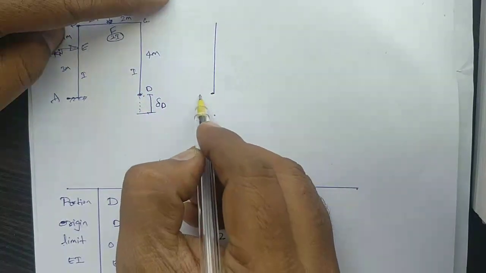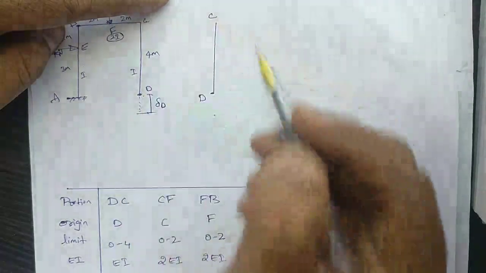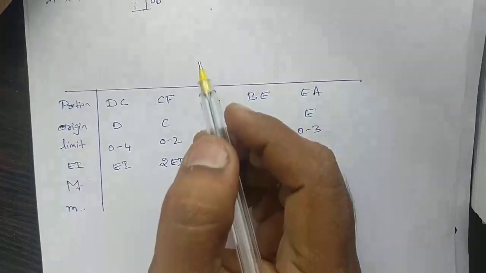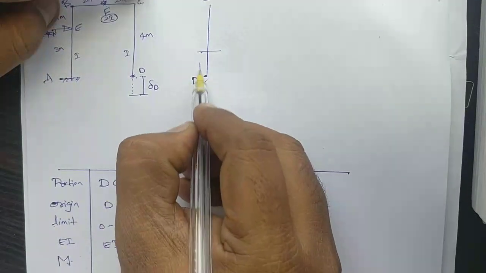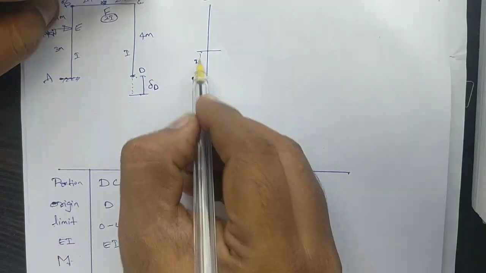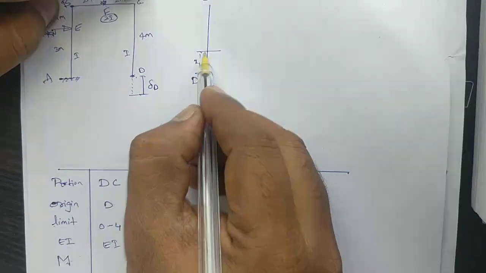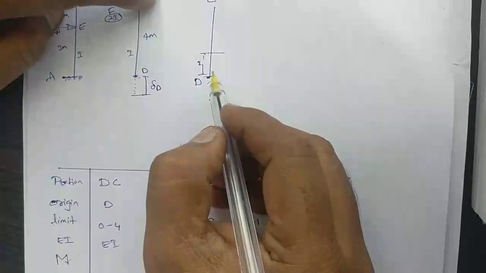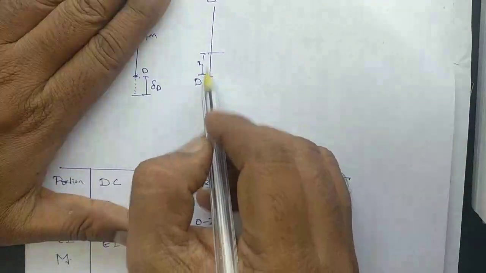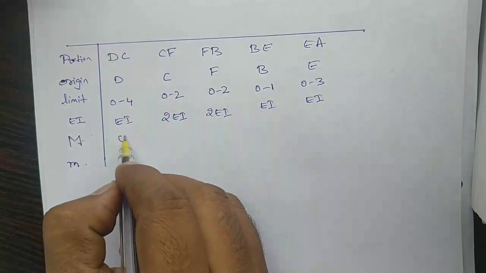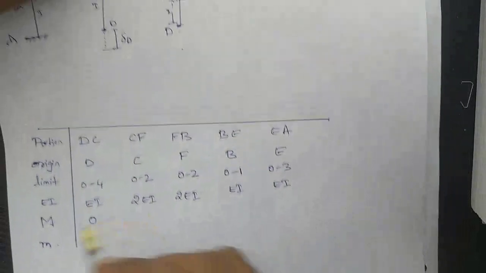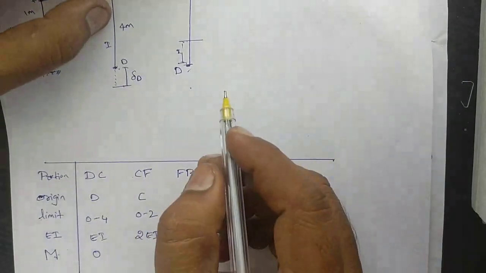See, this is D, this is C. So your limit is from 0 to 4. For example, if you take a section here, from here to here it is X. So what is capital M? Because there is no force acting within this limit, your capital M will become 0. And small m, what is small m?